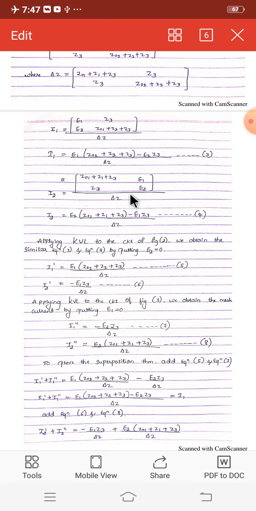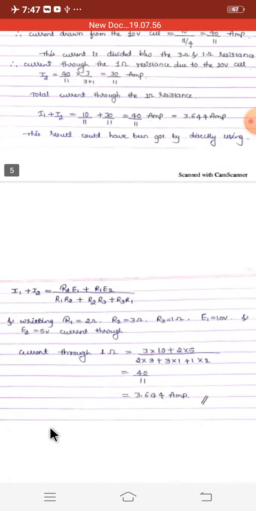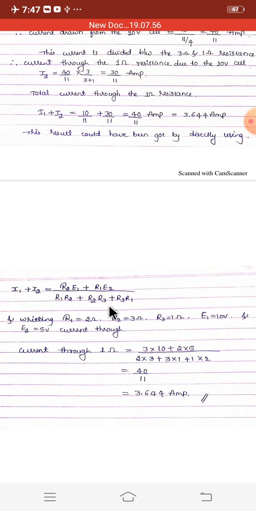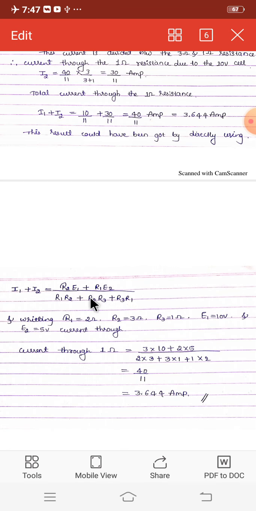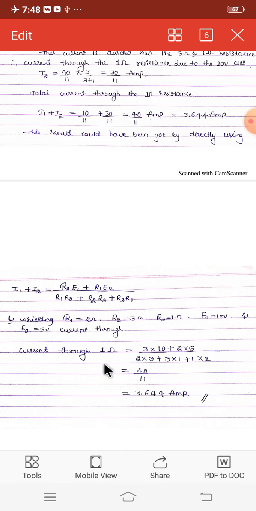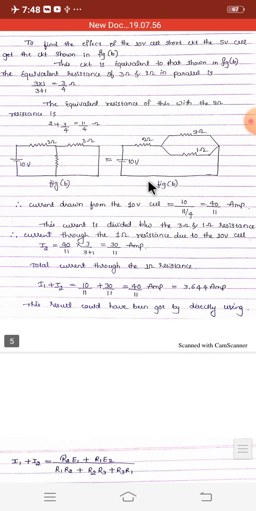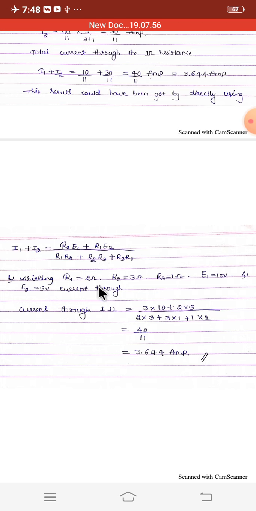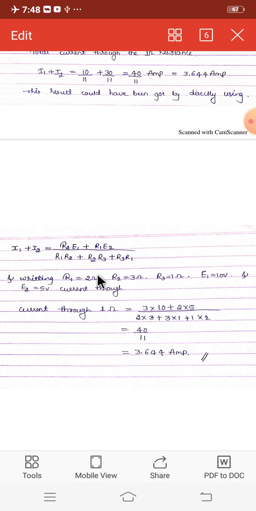Whenever we solve these two answers, I1 plus I2, we will get this expression. So put these values in this expression and we will get the same answer. But this is a shortcut method. Don't use this method, use the other method only. But remember this method, this is also important.